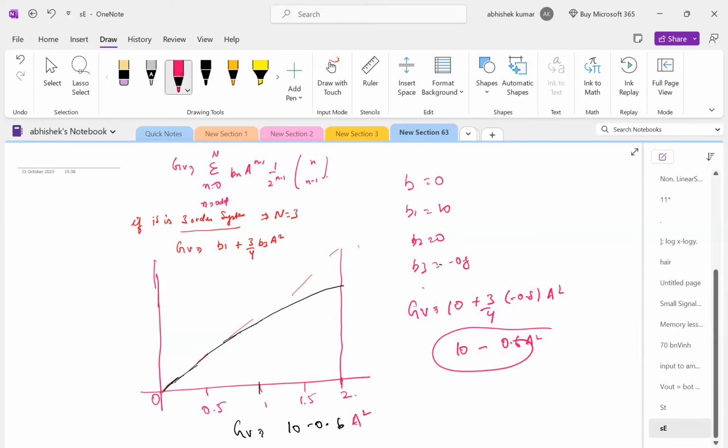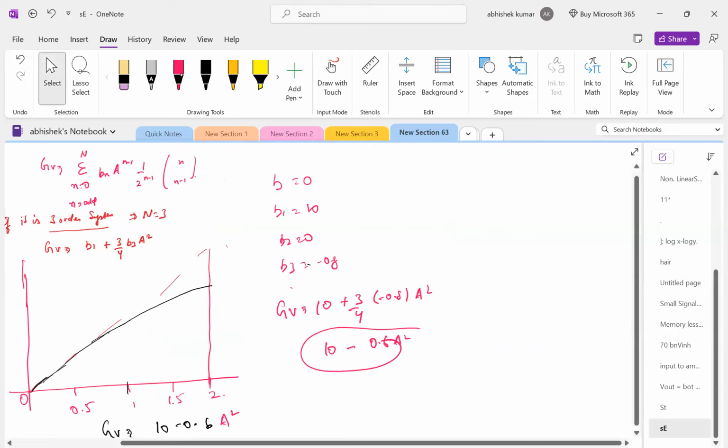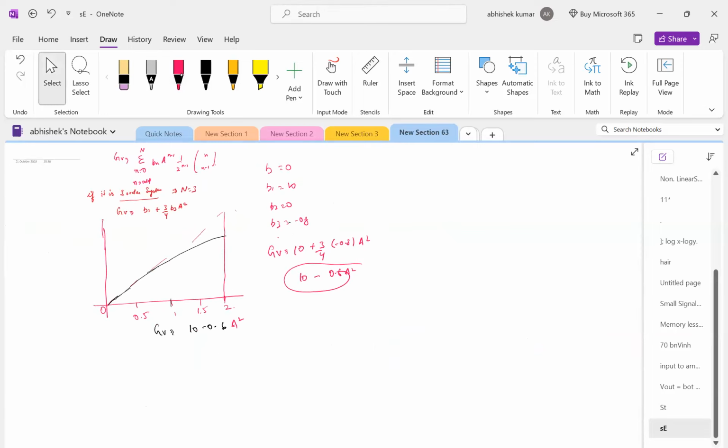Now, that is our amplifier gain that we have to plot, the gain compression. This was our initial input. We have given an input, and we are expecting the output amplitude to follow the input.